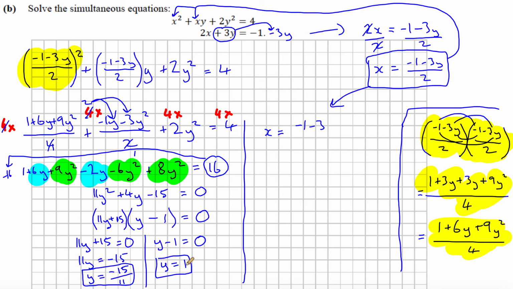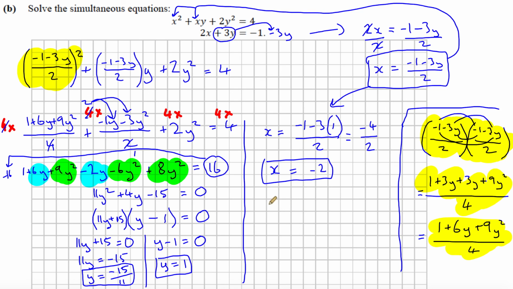Instead of y, I'll do this value first, so minus 3 by 1 all over 2. So that's going to be minus 1, minus 3 by 1 is minus 3, so that's minus 4 over 2. So my first value then, minus 4 over 2 is minus 2. So that's my x value.